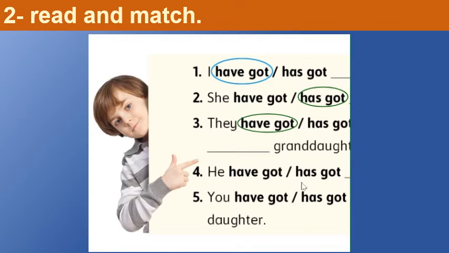And of course, as you remember, has got goes after he. Now in sentence number 5 we have you. You have got or you has got. Of course, you takes have got. So that was an easy exercise. Thank you very much for listening.